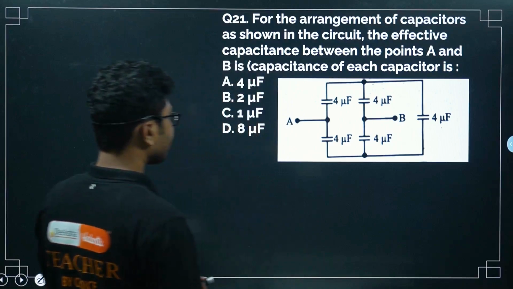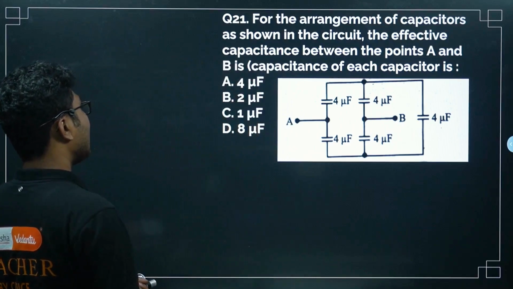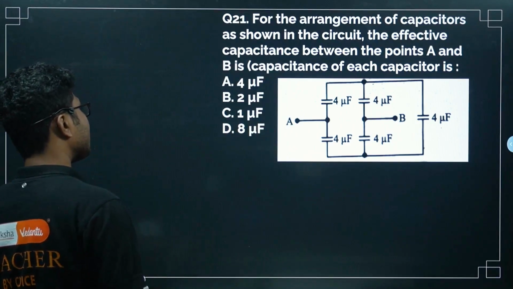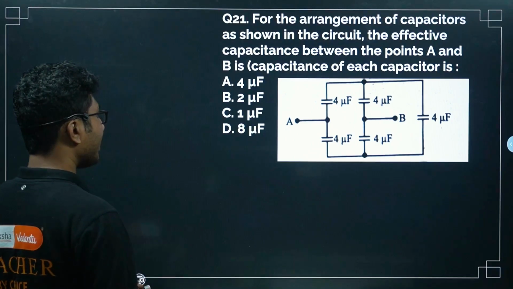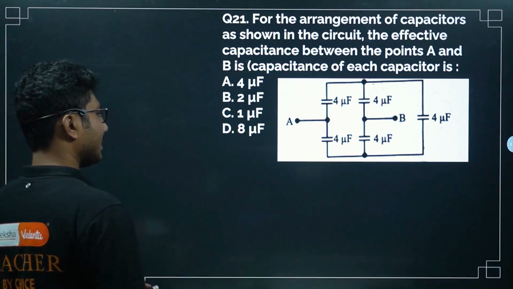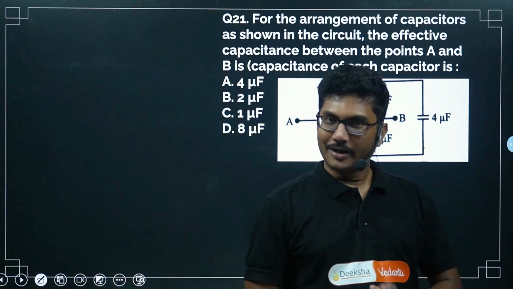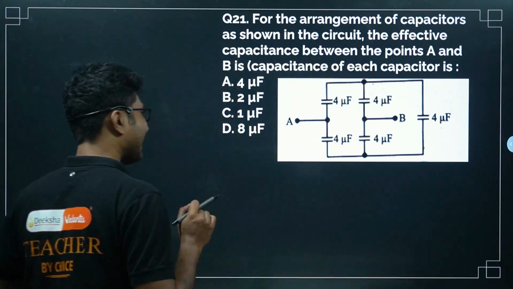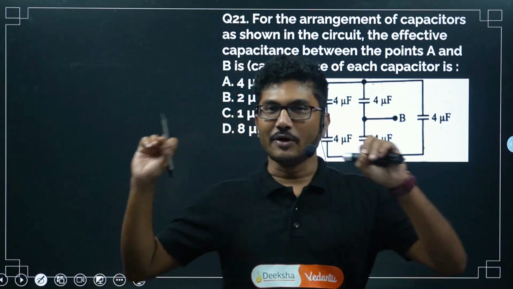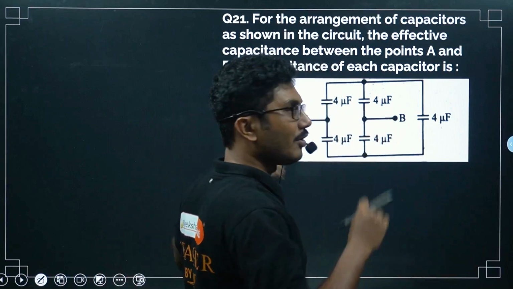Now, this is another little bit complicated problem. Let's see what is said: the arrangement of capacitors as shown in the circuit, the effective capacitance between the points A and B, each capacitor. Okay, so this is also not a difficult problem. It is the same as the problem that we have solved, the concept of Wheatstone bridge.